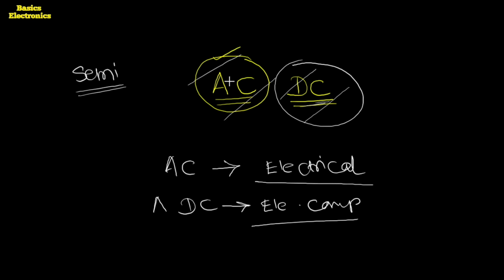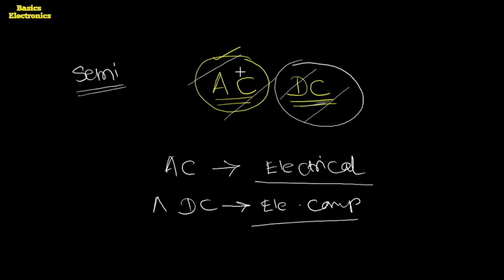All these semiconductor devices require a constant, continuous, one direction supply. Here the AC may be continuous, but its magnitude is not constant.